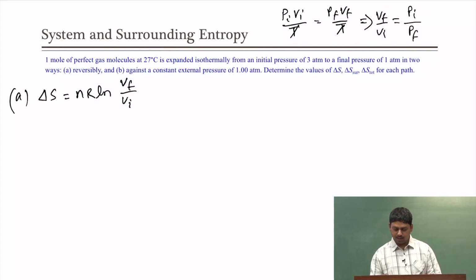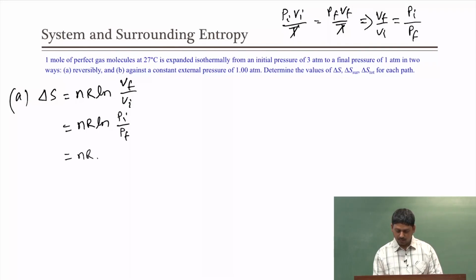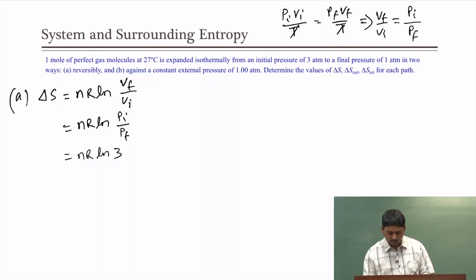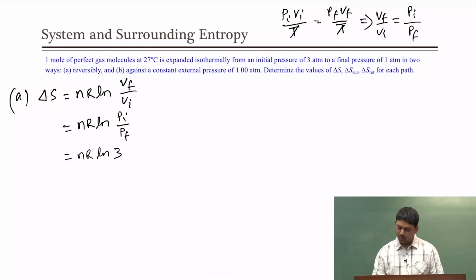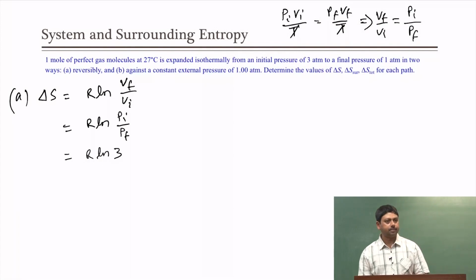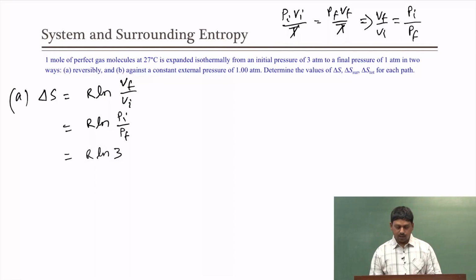Do not make that mistake. So, it is N R ln(P_i/P_f). P_i is 3 atmosphere initial pressure and P_f is 1. So, this is N R ln 3, and for 1 mole of gas, just take N to be 1, R ln 3 is the answer. That is the system entropy.